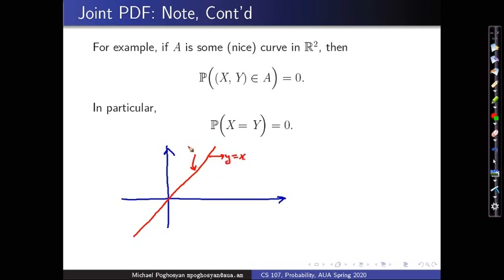If I denote this by A, this line is our A. So we are calculating the probability that our point (X, Y) is in that line. And because the area of this line is 0, the probability that (X, Y) will be in this A is exactly 0. So for any jointly continuous random variables X and Y, the probability that X is equal to Y is 0. Okay.